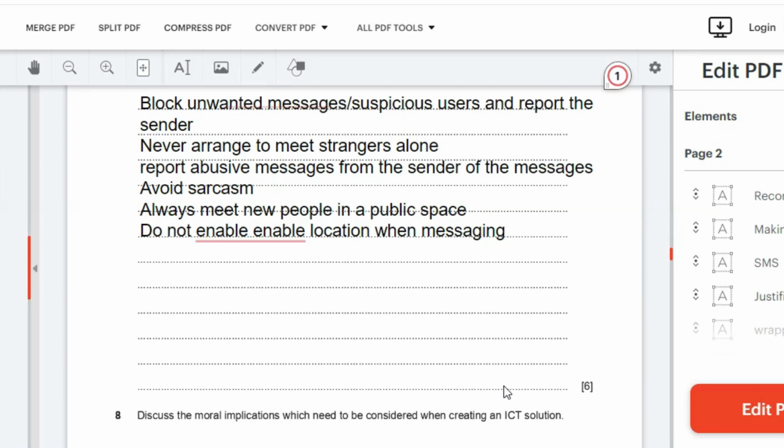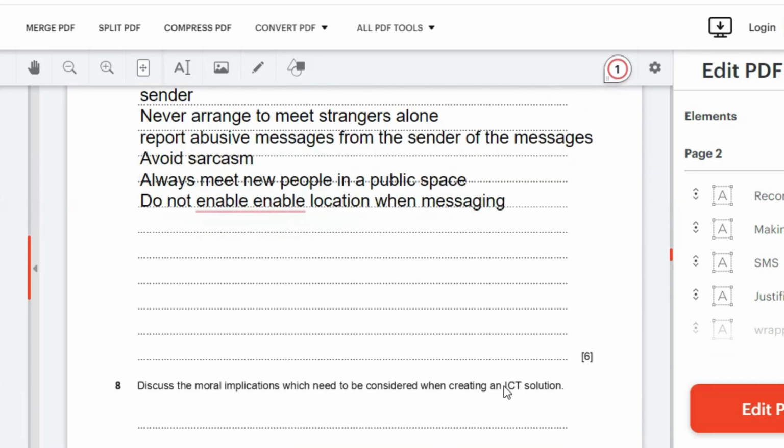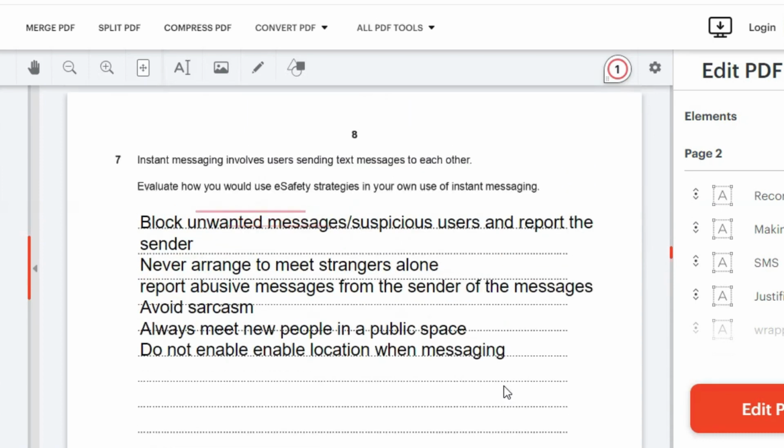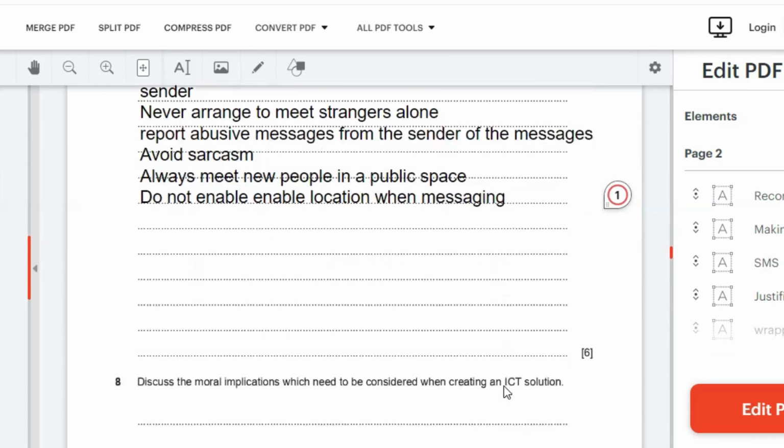Always read carefully the message before sending. Carefully check that you are replying to the correct person. All those are ways by which you can protect yourself online. Do we understand? Okay, so let's go to question number 8 now.